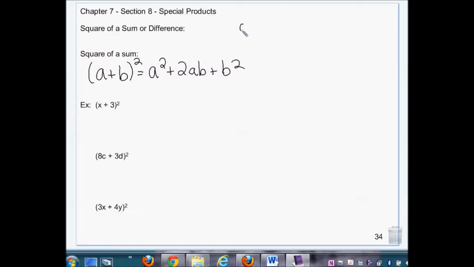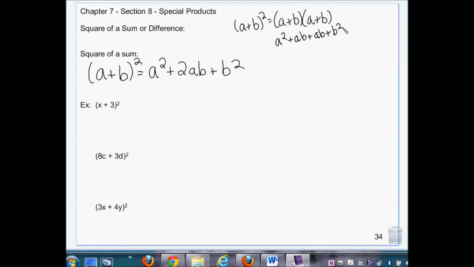A plus B squared is A plus B times A plus B. And if I FOIL it all out, I get A squared plus AB plus AB plus B squared. And AB plus AB gives me 2 times A times B.